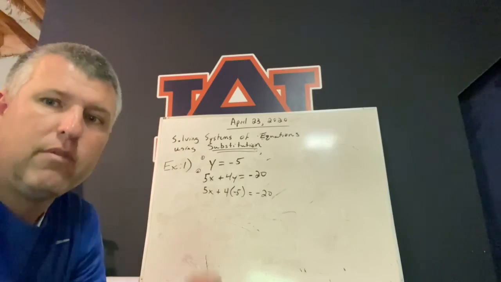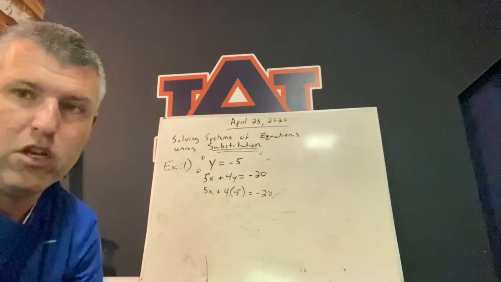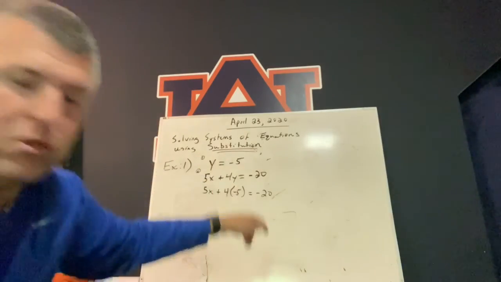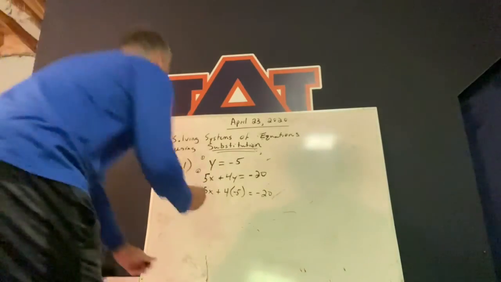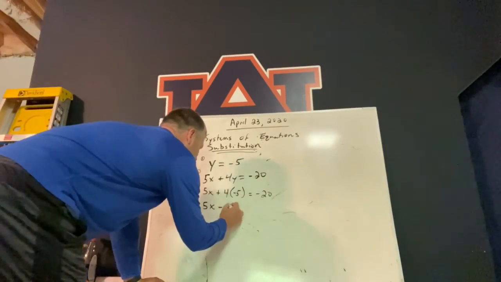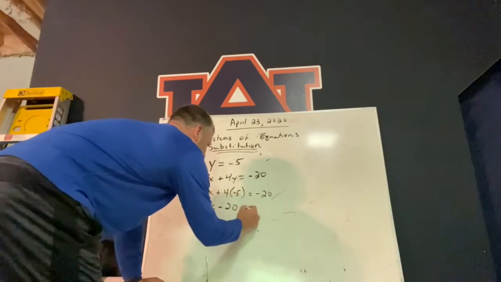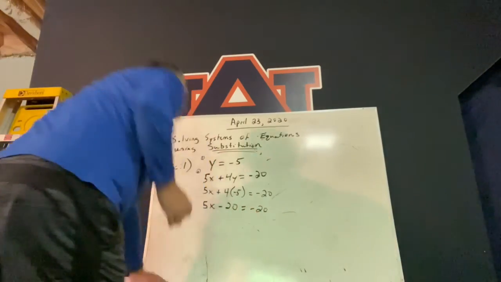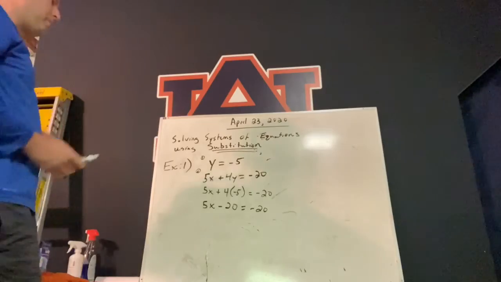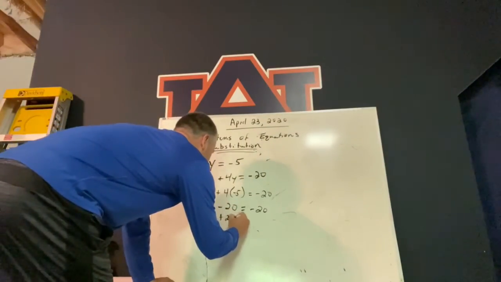Now I'm going to solve for x using that bottom equation, equation 2. The top equation, we're done with it. We used it to sub in. So that gives me 5x minus 20, 4 times -5 is equal to -20. All right, now look what happens, and this is where people get confused sometimes. We're going to add 20 to both sides.